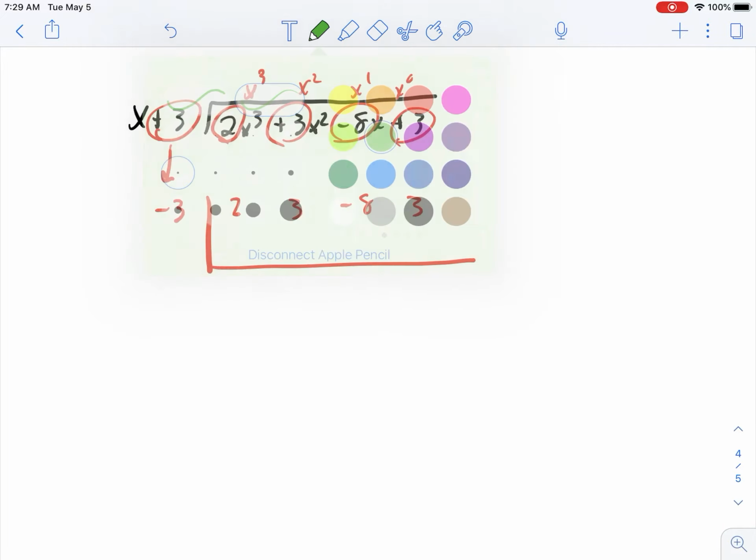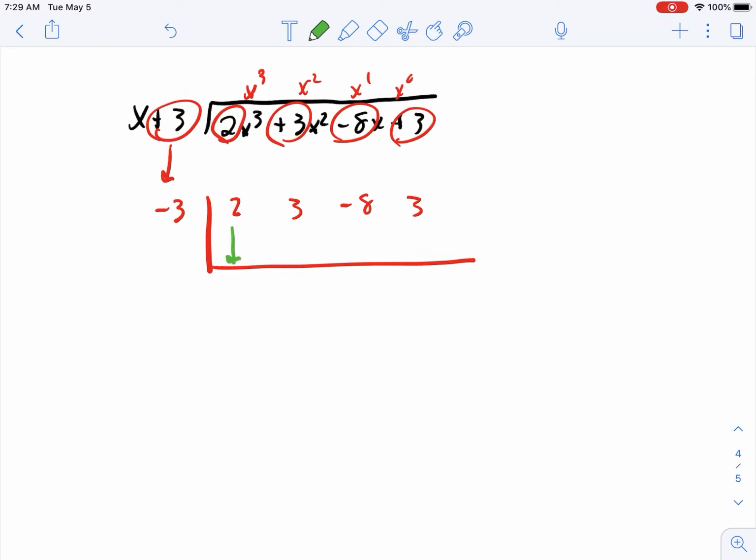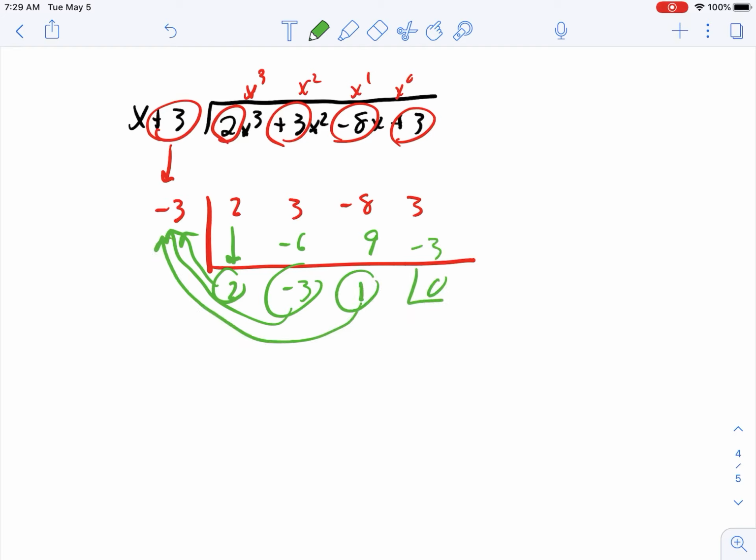All right, we're ready to start. So bring the first one down. Take that, multiply by that. Negative 6. Then you have negative 3. Multiply out. 9. 1. Multiply. 3. Again, remainder is 0. We reduced it by 1 power, so this is 2x squared, because it was cubed, and we divided out an x.